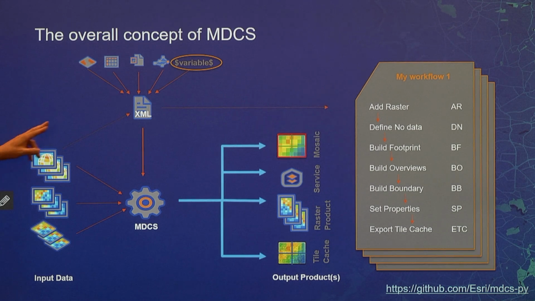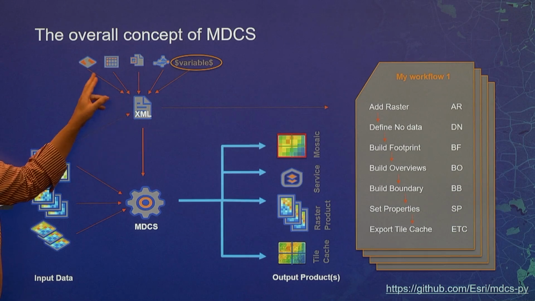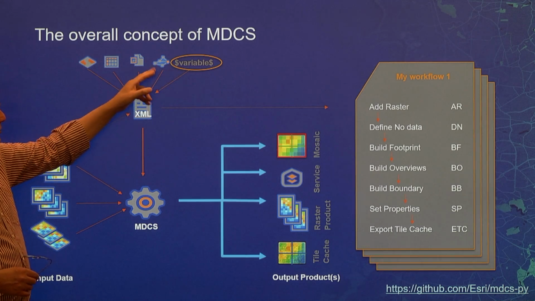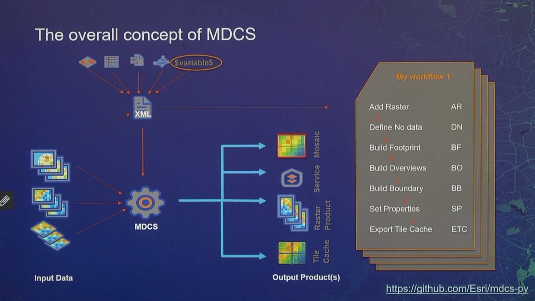This is done through very central XML configuration files. In the end, those configuration files will be called by Python and then trigger a series of commands, including variables, including other models, including datasets, tables, you can imagine it.